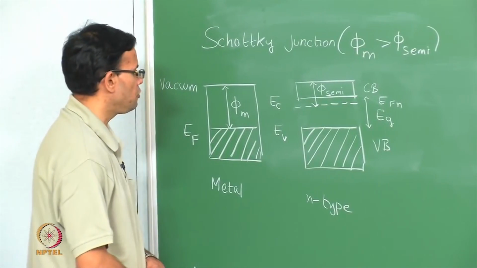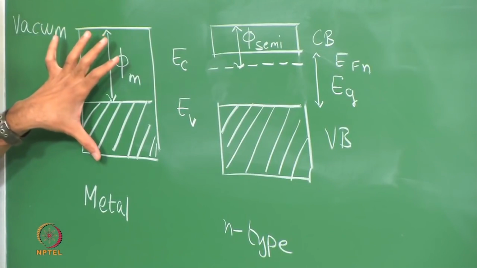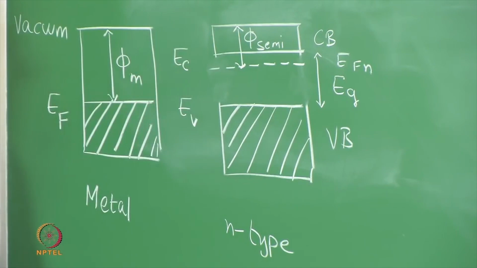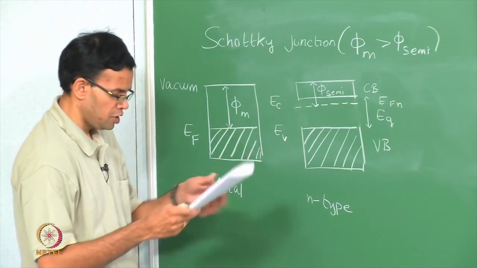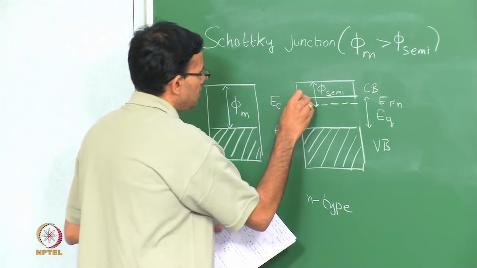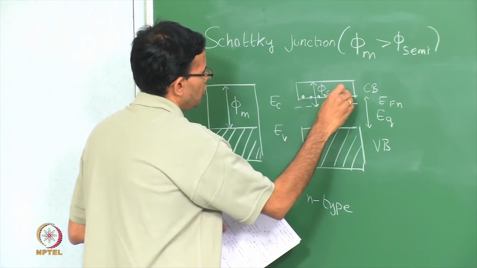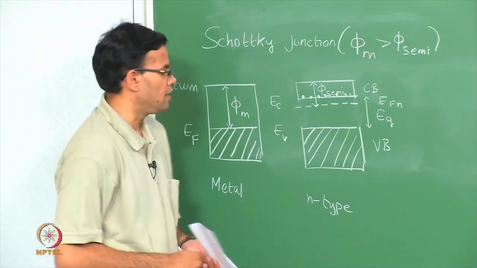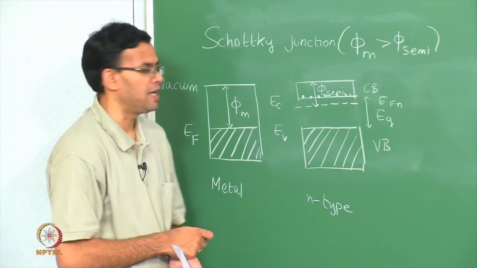Now we are going to form a junction between this metal, which has a work function greater than the work function of the semiconductor. If you look at this picture, this is an n-type semiconductor, so there are a whole bunch of electrons in the conduction band of the semiconductor, and a whole bunch of empty states in the metal.